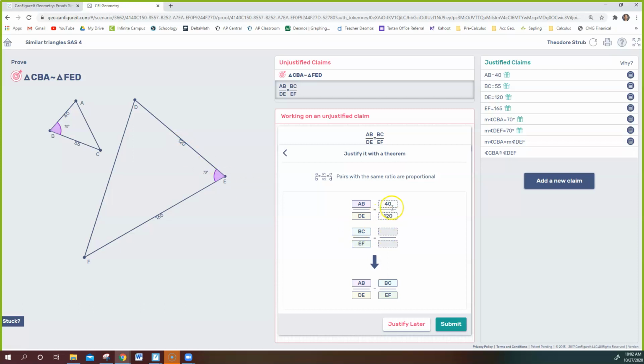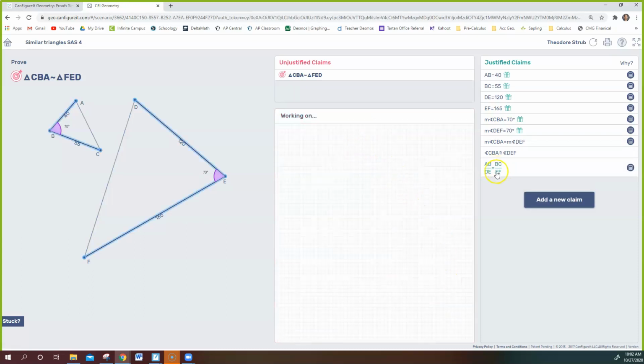So 40 over 120. And that's equal to BC is 55 over the longer length down here, which is 165. And they're telling me that it will basically calculate that for us. So now I just proved that these ratios are equal, side, side.